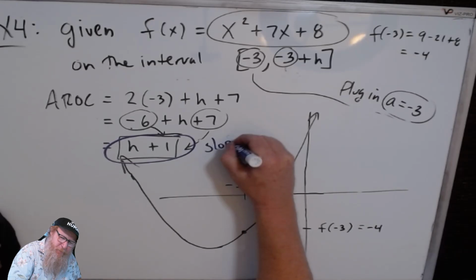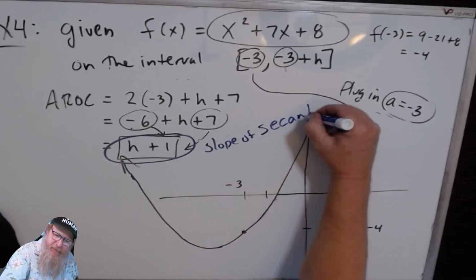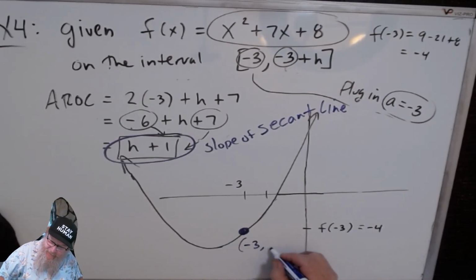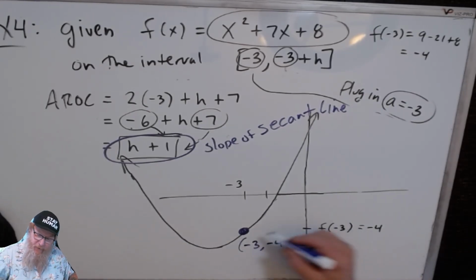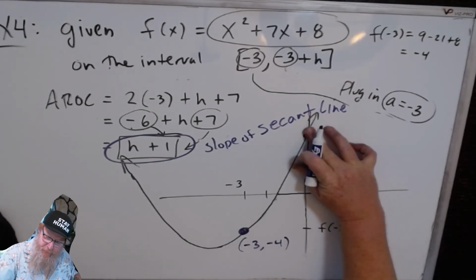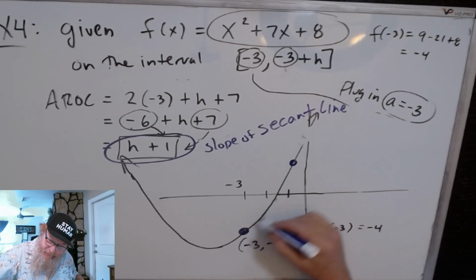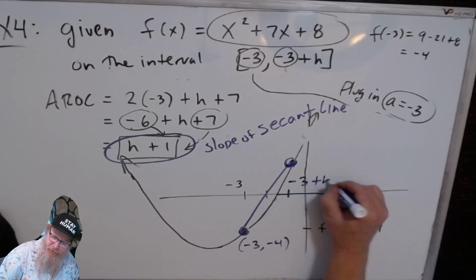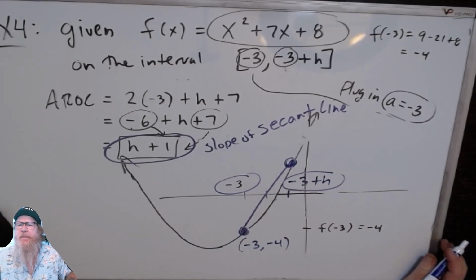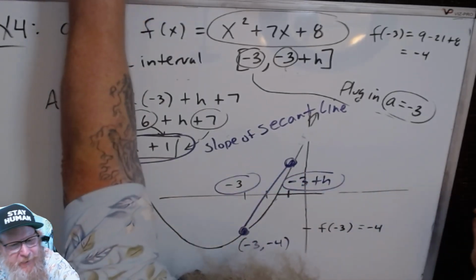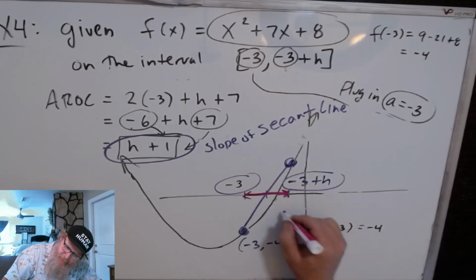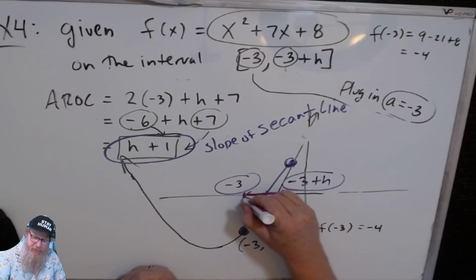So what does this answer represent? This is the slope of the secant line connecting -3, -4, all the way to, let's just pick a random h here, -3 plus h, where h is the horizontal distance between these 2 points.